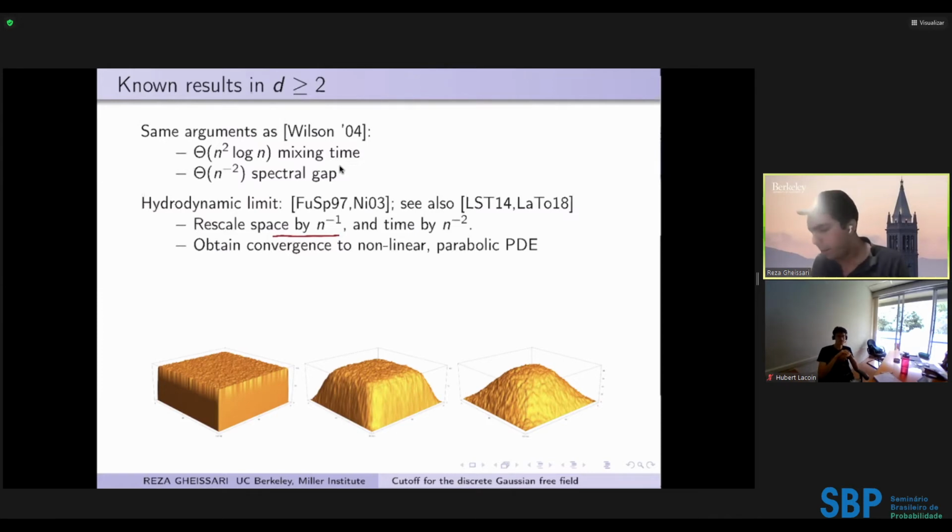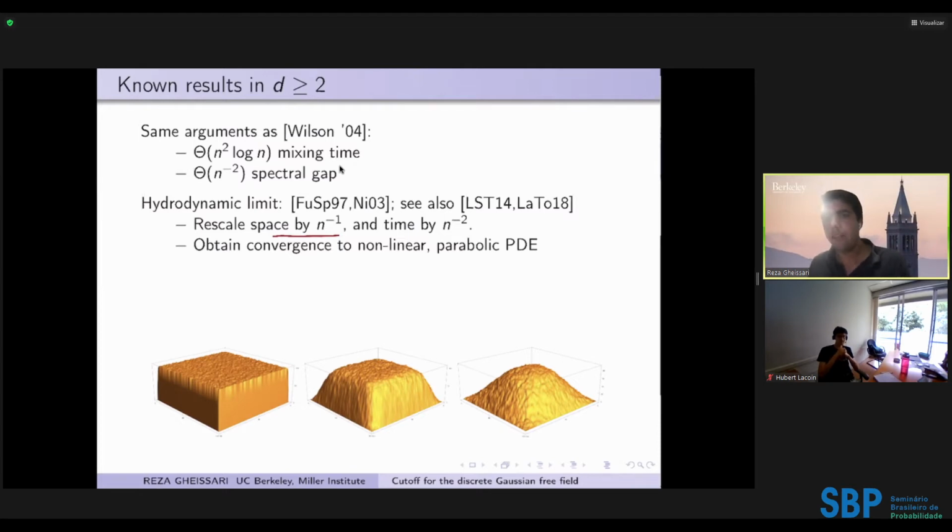Okay, and so here I've shown what that looks like. Again, you have a surface evolution at a macroscopic scale, ignoring the fluctuations, that's evolving according to minimizing a surface tension and just shrinking globally like that.